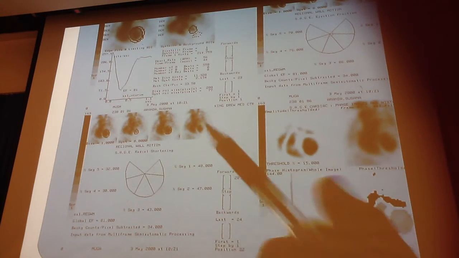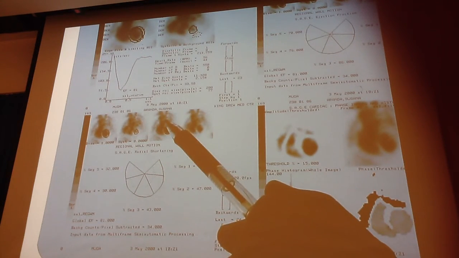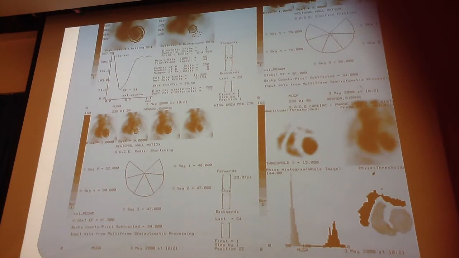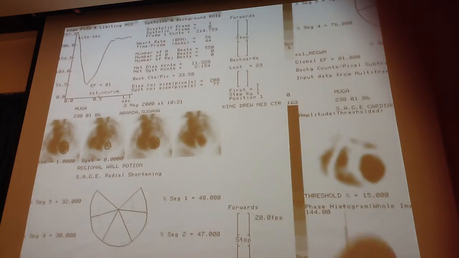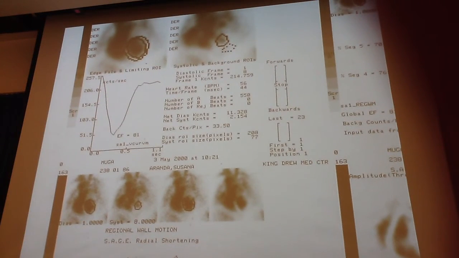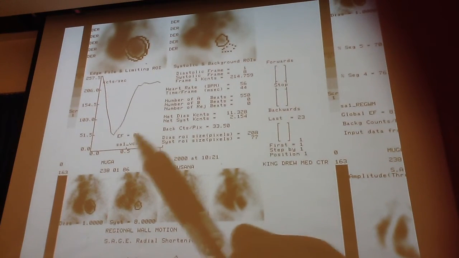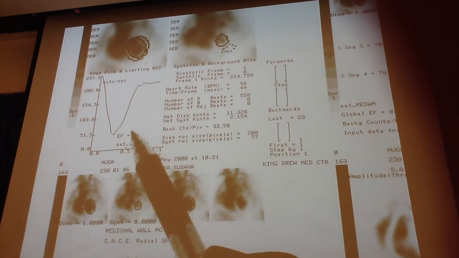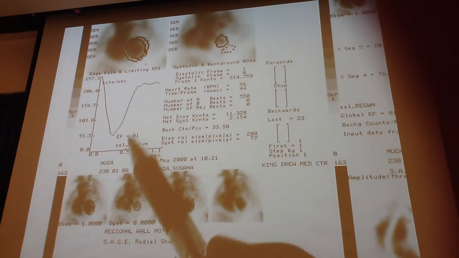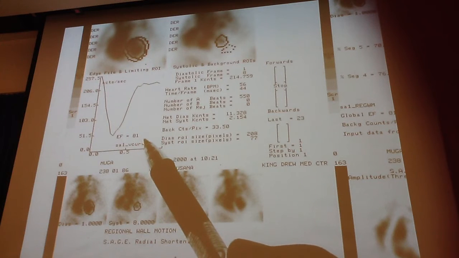So basically, what's the normal ejection fraction, by the way? How much? 50%. Yeah, about 50 or 60. An ejection fraction of 81, I get really worried about that. That's almost unbelievable. And this usually happens when you have mitral valve problems.